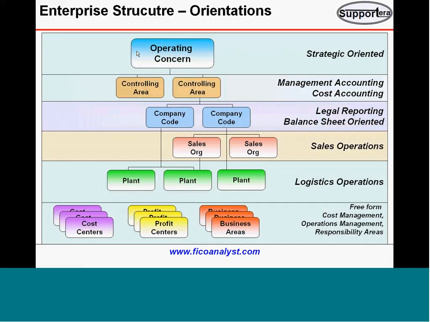You see your profit and loss in management accounting, by controlling area for example. In the company code, obviously you can see by company code what is my sale and my profit. But in operating concern, what is it that you see?